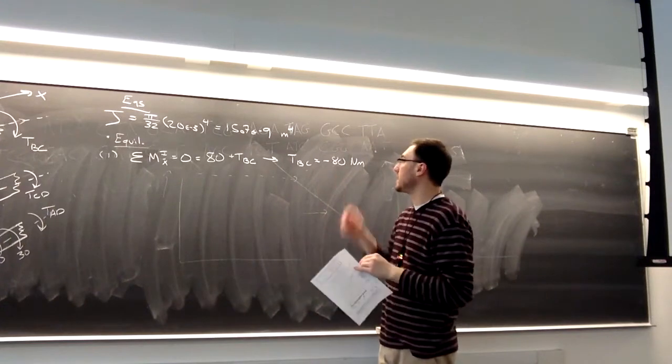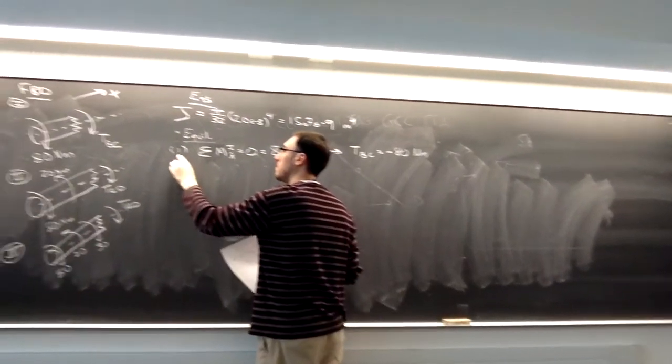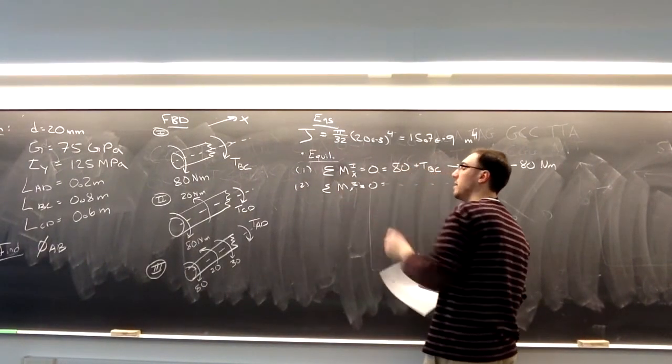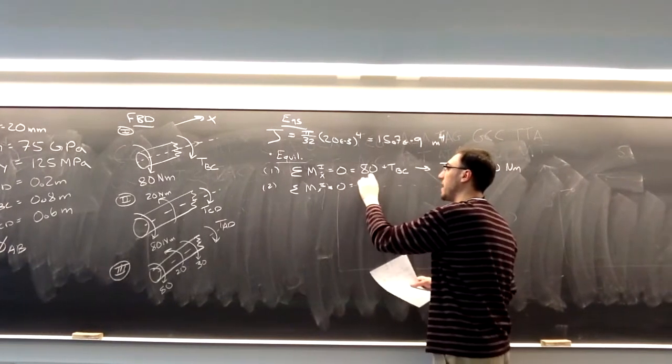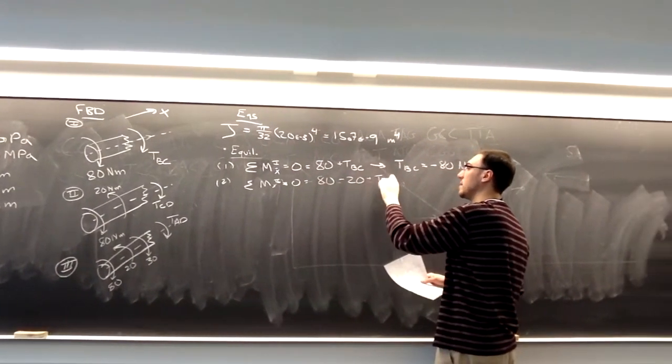Which means that TBC is a negative 80 Newton meters. In picture 2, I'll have a positive 80 minus 20 plus TCD.